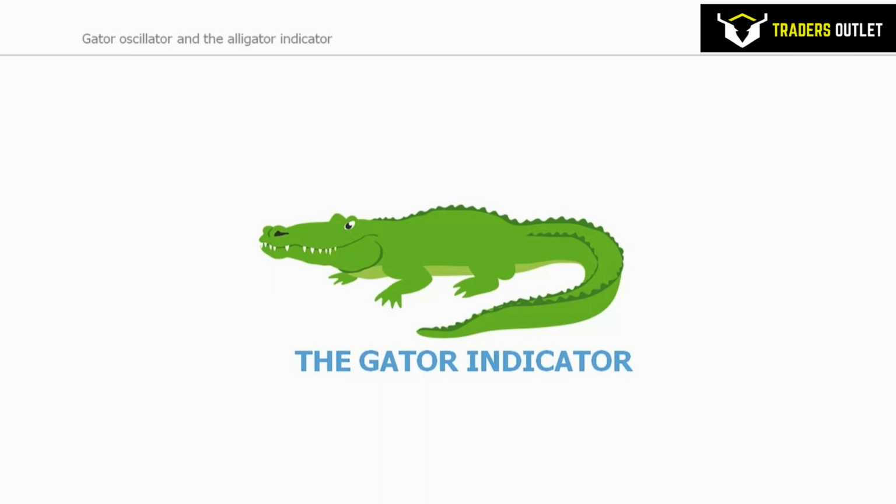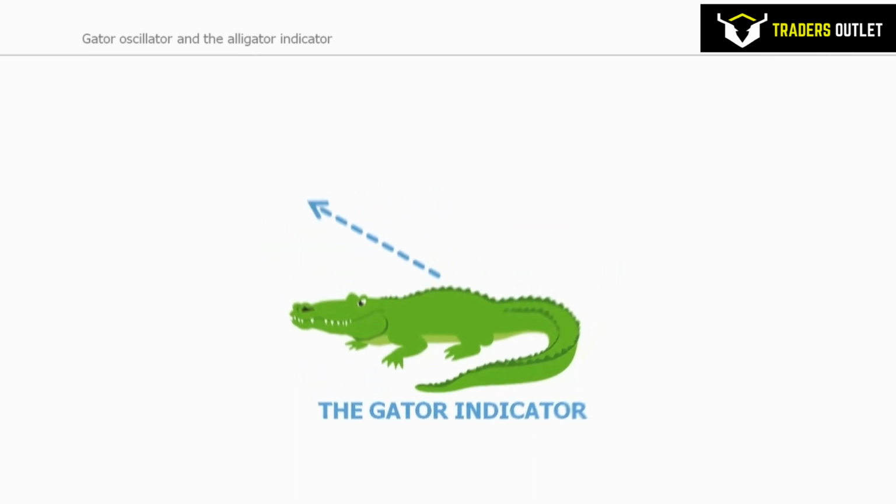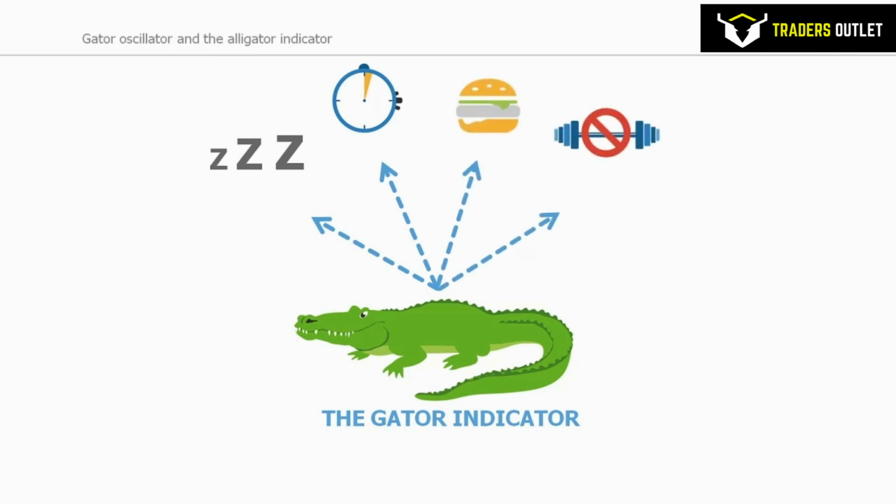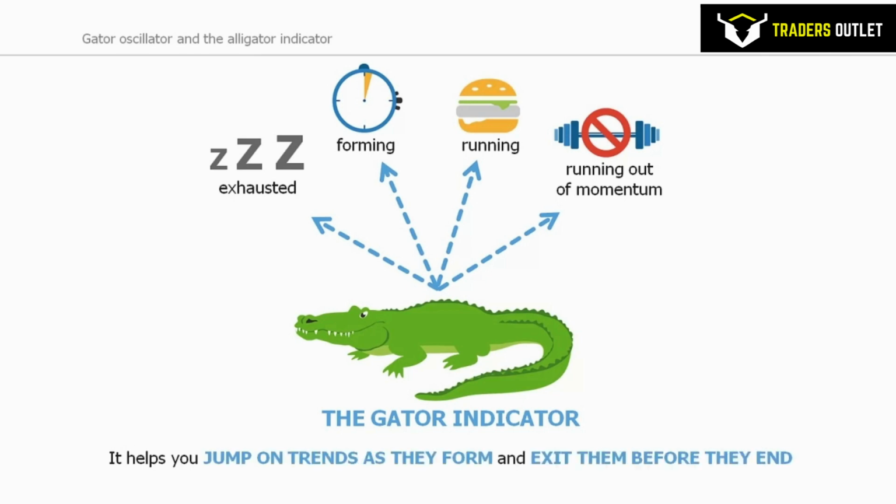The Gator indicator is based on the principle that trends, just like a living alligator, go through four different phases: sleeping or exhausted, awakening or forming, eating or strengthening, sated or running out of momentum. The Gator Oscillator helps to identify four phases in a trend's life cycle: forming, strengthening, running out of momentum, and exhausted. It helps you jump on trends as they form and exit them before they end.